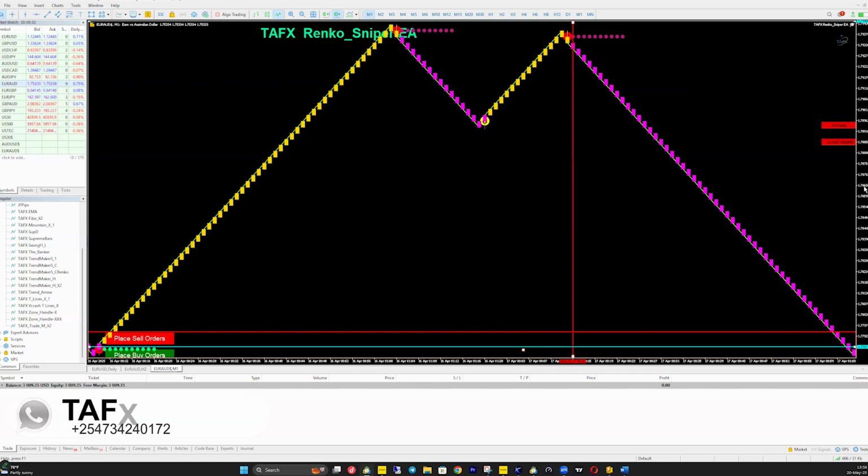I want you to master the Renko. So what happened here? The market came here and we caught some pips. Then the market reversed to this area. It did not break this point, but you can see the market gave us a trend maker at this point. Then there was a good sell.